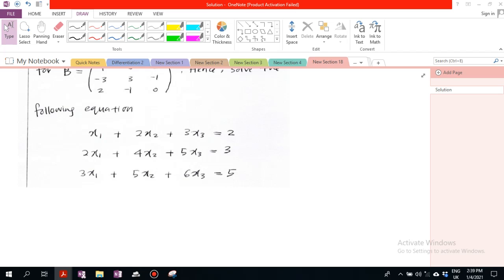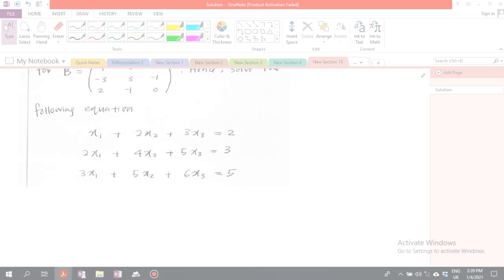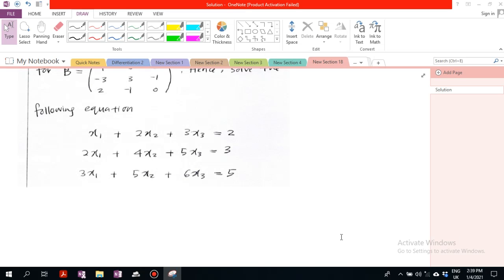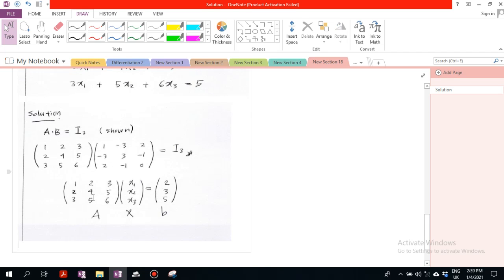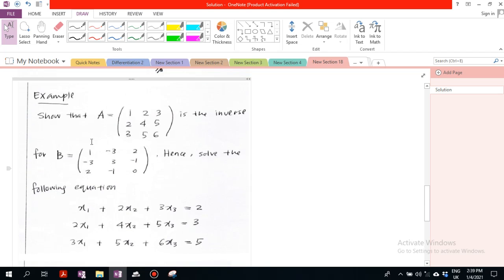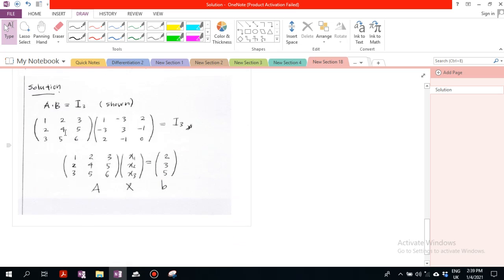So how to show it? We know that A times B should be an identity because it said that A is an inverse of B. So we just prove it.